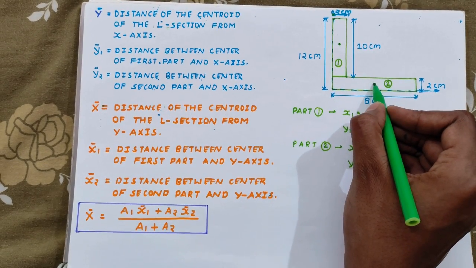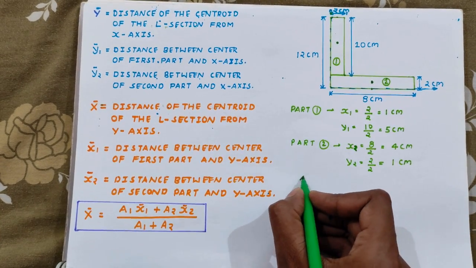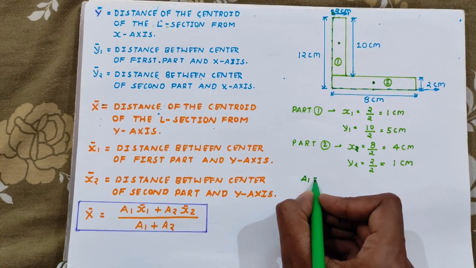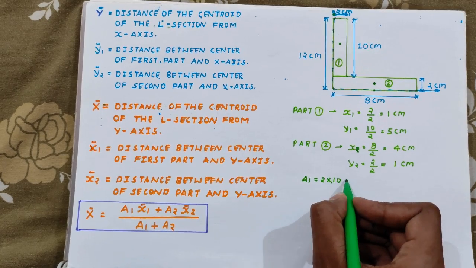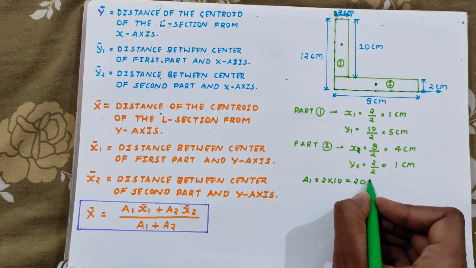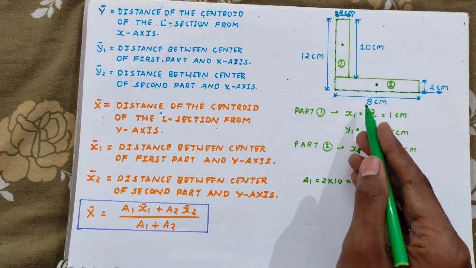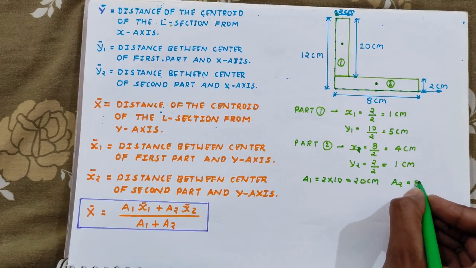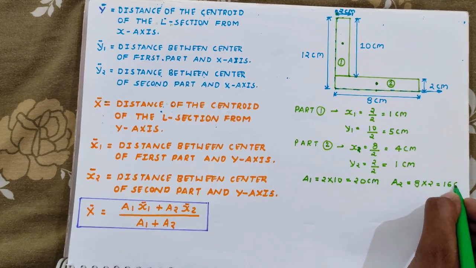So this will be the center of our second figure. Now let's calculate area. A1 is equal to 2 multiplied by 10, 20 centimeter squared, and A2 is 8 multiplied by 2, 16 centimeter squared.